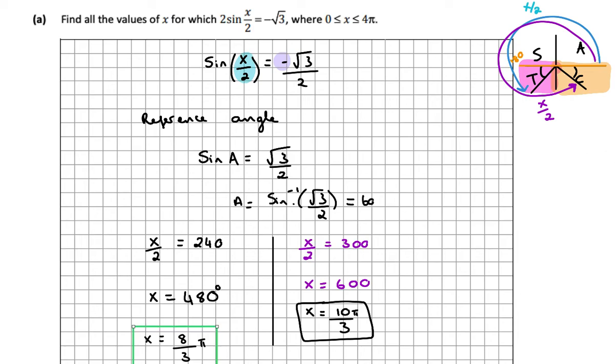Well, we need to remember that if I am here and I do a rotation right the way around, a rotation of 2 pi, I end up in the exact same position again. So if I add on 2 pi to that, I end up in the exact same spot as I was in before. So that's also a solution to that question.